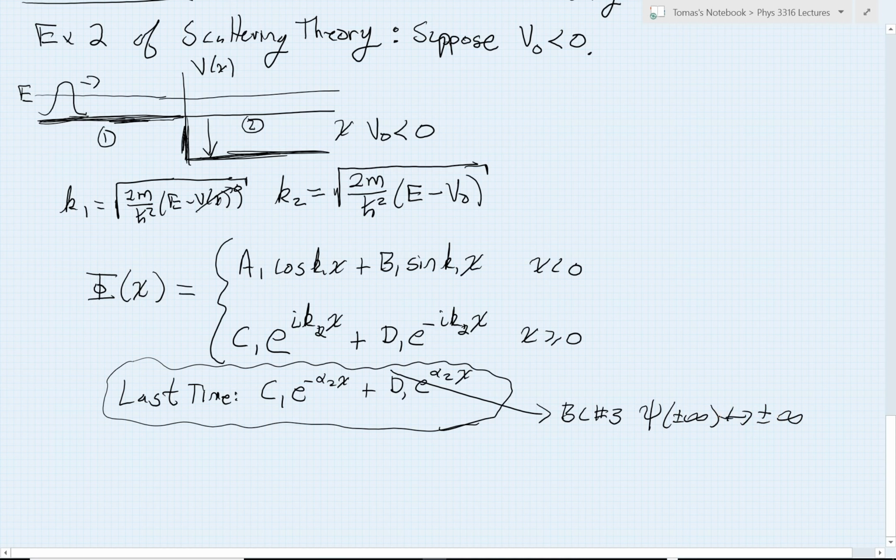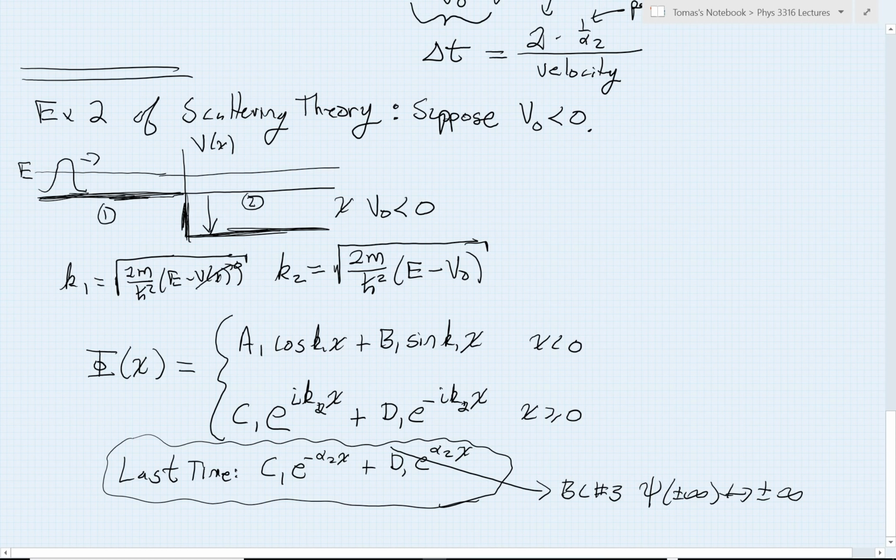It had to stay normalized. There is actually, for this problem, a similar type, it's different, but a similar type of new, for us, boundary condition that applies that allows us to logically eliminate one or the other of these two terms. And if you give that a little thought, I think you'll begin to see what that term actually is.